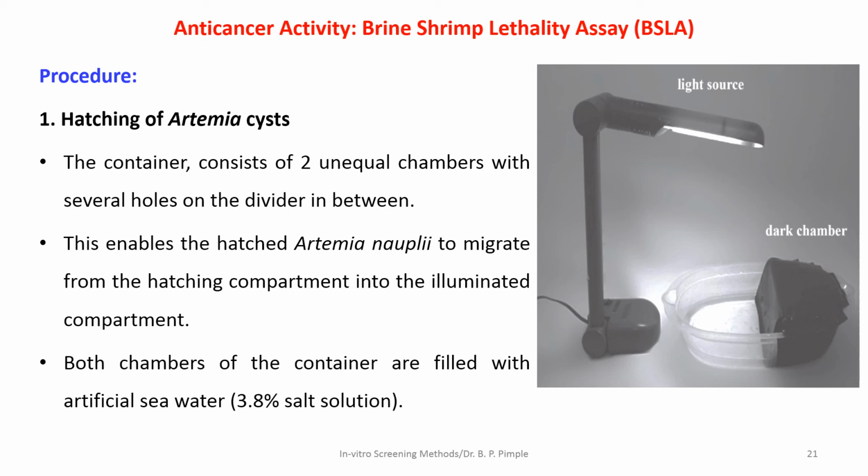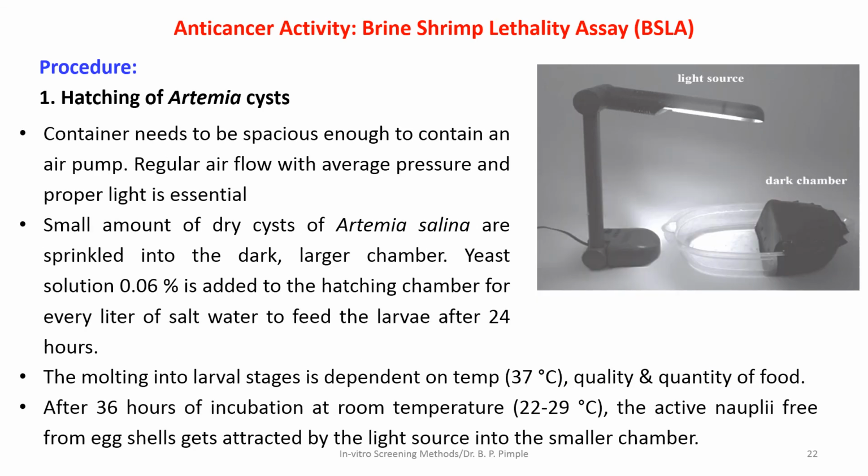That is, the salinity should be maintained at around 3.8% salt solution. The container should be large enough so as to accommodate an air pump, or alternatively you can add an air pump aerator into it to provide oxygen.